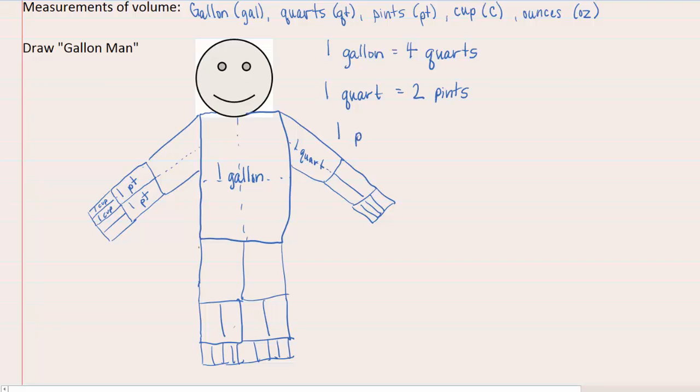Then each pint was equivalent to 2 cups. And finally, each cup is equivalent to 8 fluid ounces. Let's look at a completed gallon man that has a little bit more accurate colored representation.